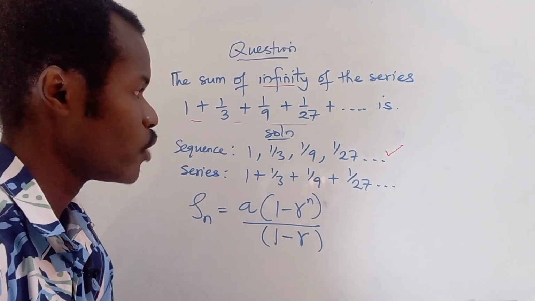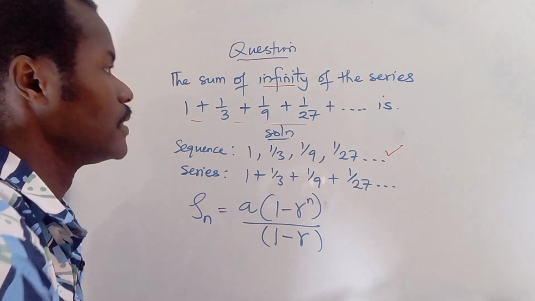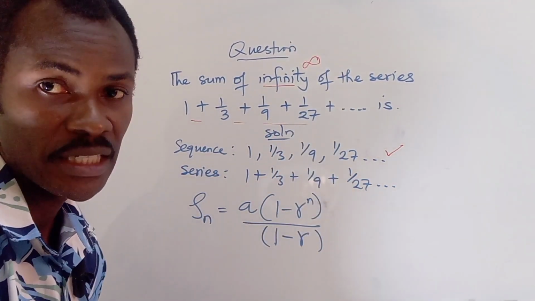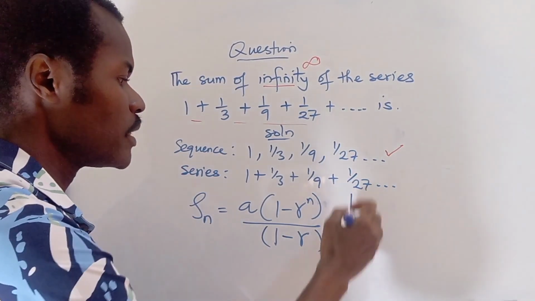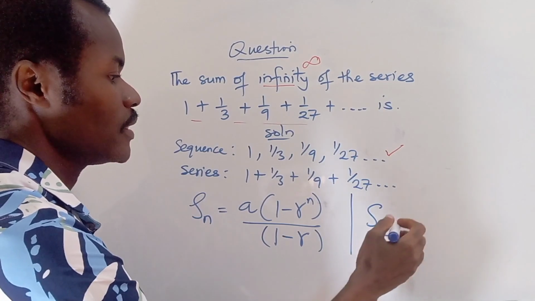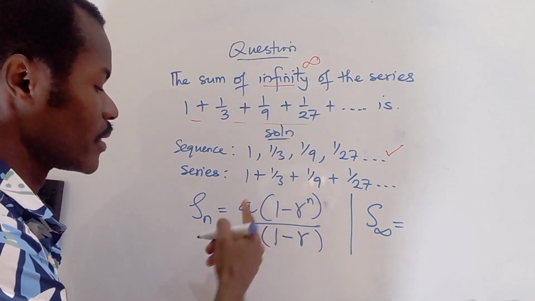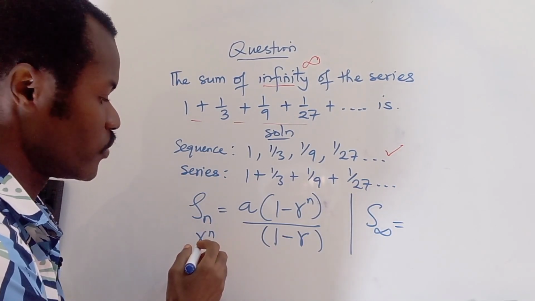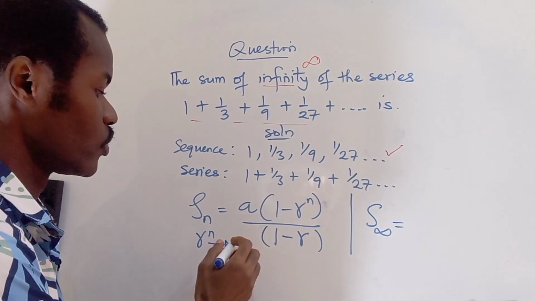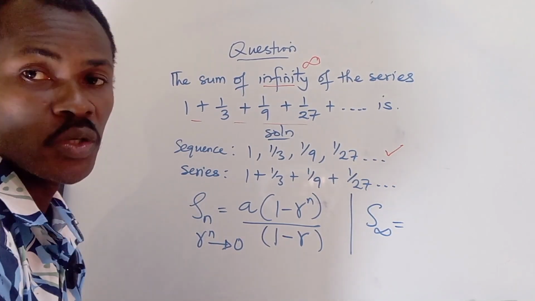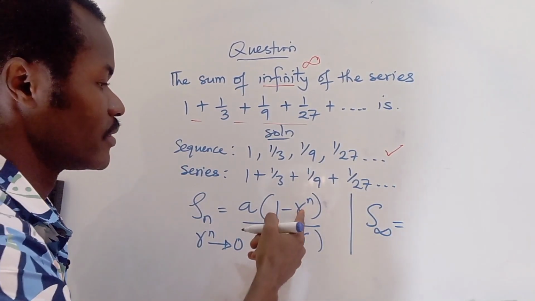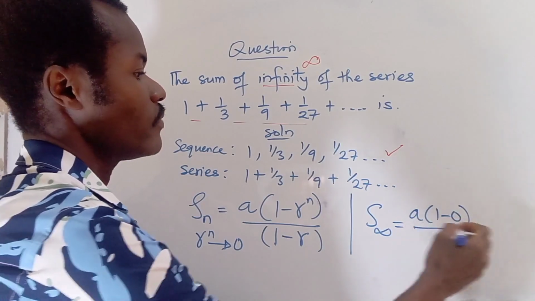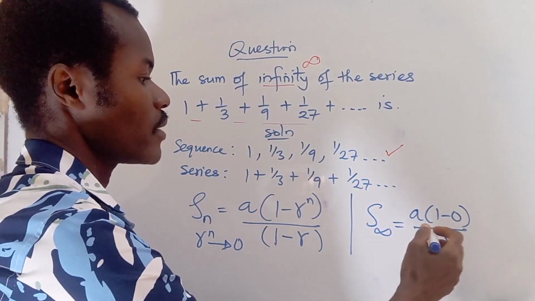Now, when we want to get the sum of infinity, infinity is the sign. Sum of infinity means the common ratio r to the power n, as n approaches infinity, approaches 0. So I'm going to substitute this as 0, and we're going to have a into 1 minus 0, divided by 1 minus r.